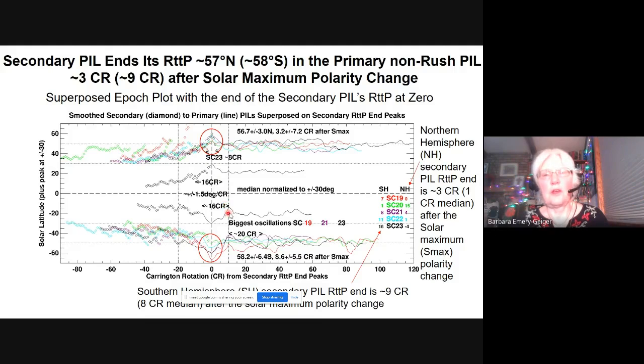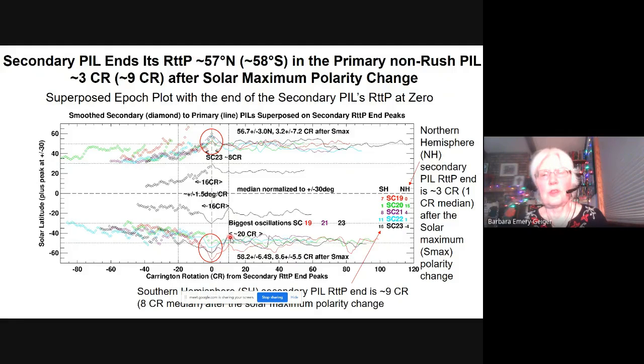Now, here, the oscillations almost look like they're gone, certainly in the northern hemisphere where they are smaller to begin with. But we do see this 20 Carrington rotation peak for, I believe, solar cycle 21. For solar cycle 19, it's more like 18 Carrington rotations.